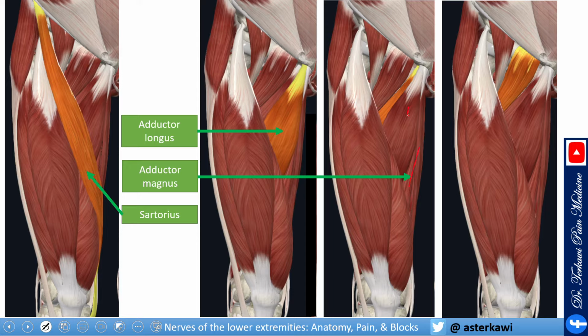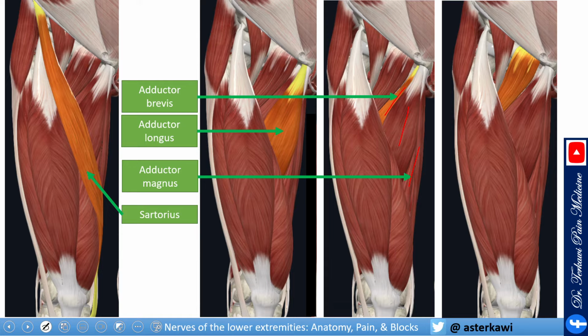So this is adductor magnus, adductor longus, and adductor brevis. These three muscles are called the adductor muscles. And often we remember them by Alabama. So adductor brevis, followed by adductor longus, followed by adductor magnus, Alabama.